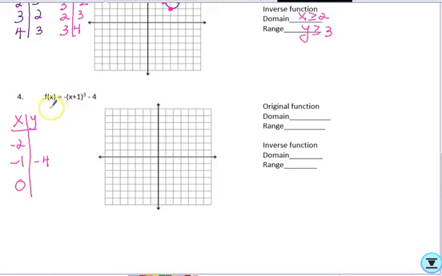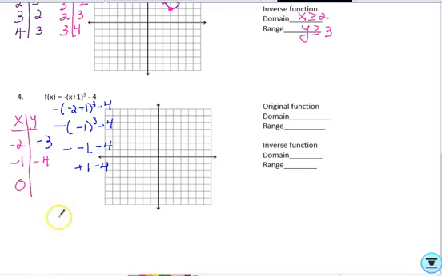These I can't evaluate in my head, so I'm going to plug in -2. -2 plus 1 is -1. -1 cubed is negative. Negative times negative is positive. 1 minus 4, -3.